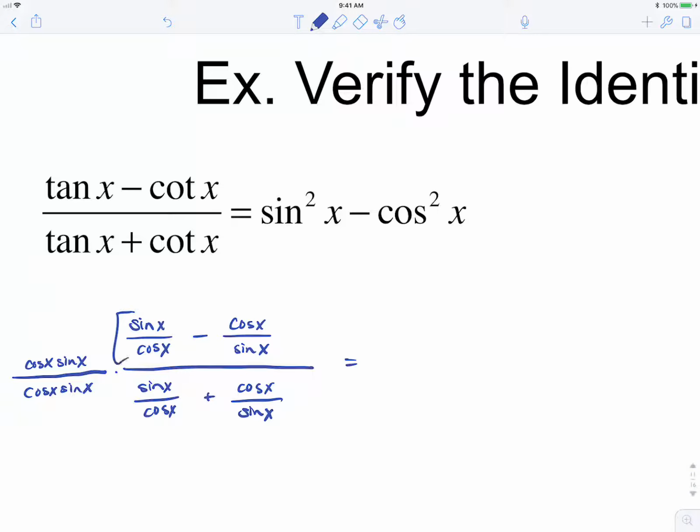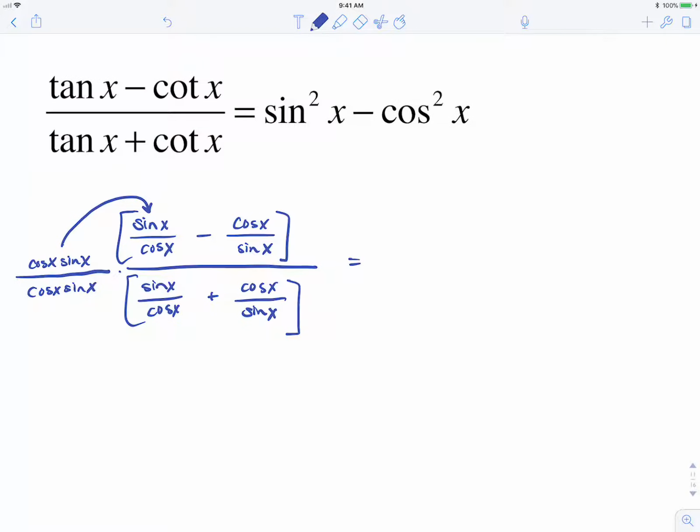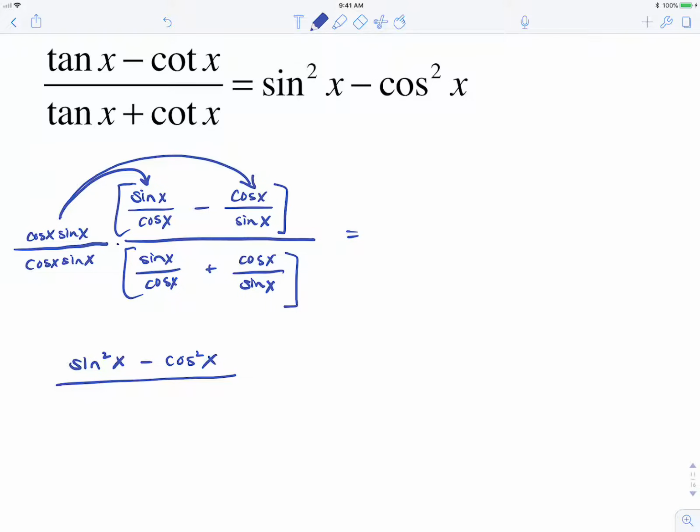So if we think about distributing cosine times sine to this first fraction, notice that the cosines will cancel and we'll be left with sine squared. And then if we distribute to this next fraction, the sines will cancel and we'll be left with minus cosine squared, which is looking good, right, for what the right-hand side of the equality looks like.